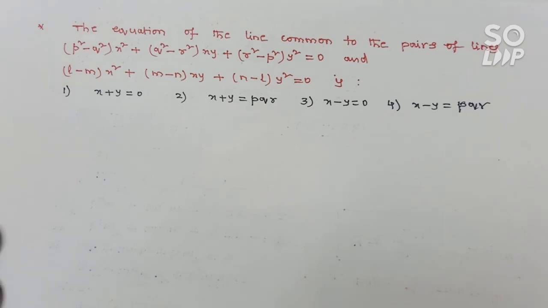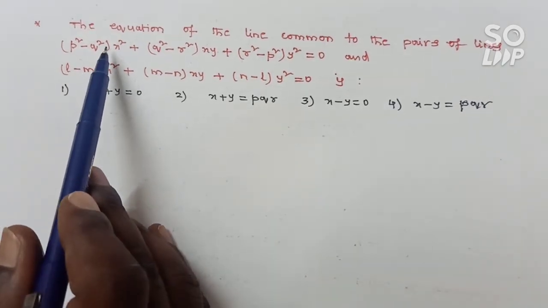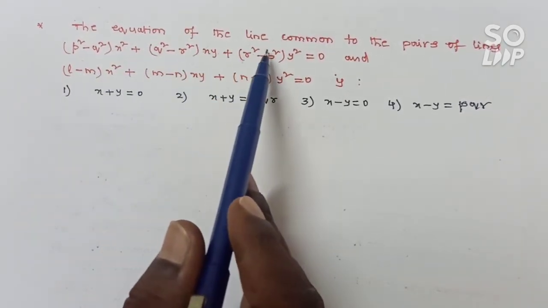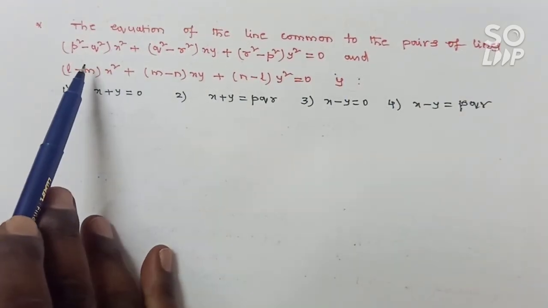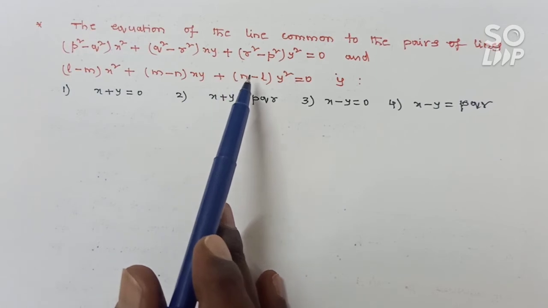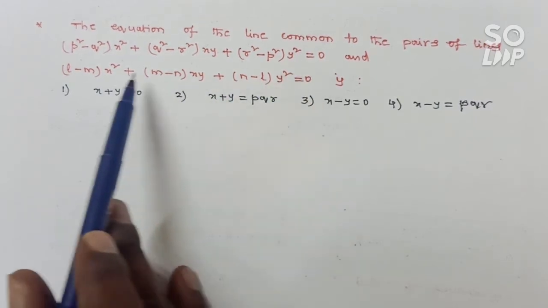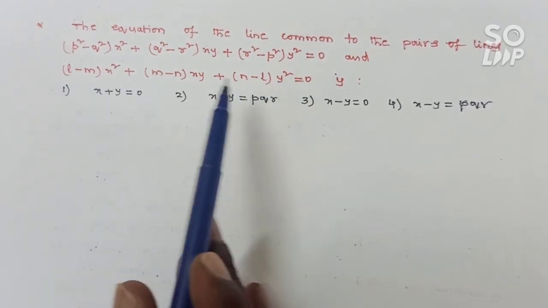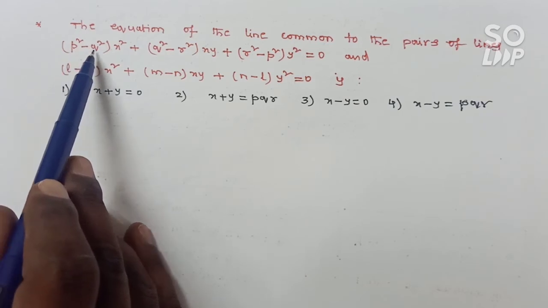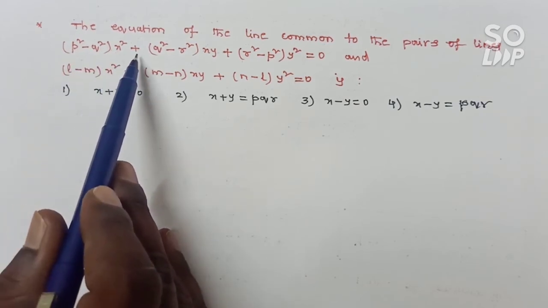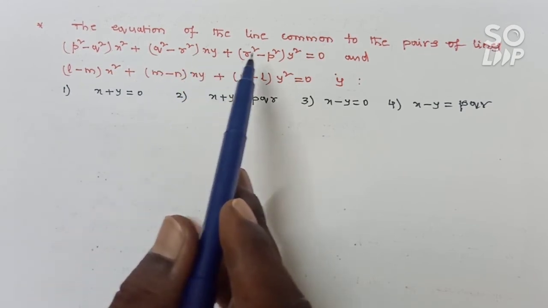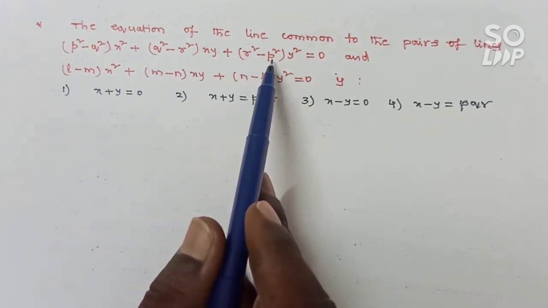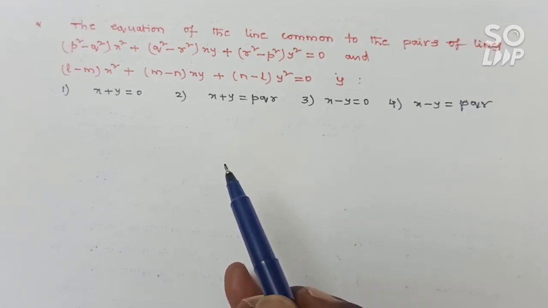See this question. Find the equation of the line common to the pair of lines. Two pairs of lines are given. One is (p square minus q square) x square plus (q square minus r square) xy plus (r square minus p square) y square.